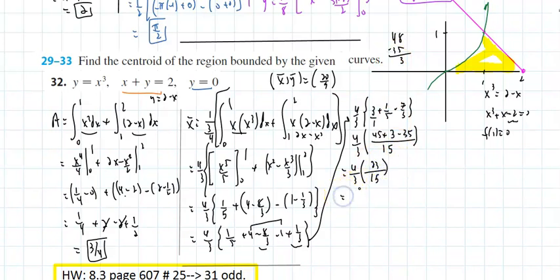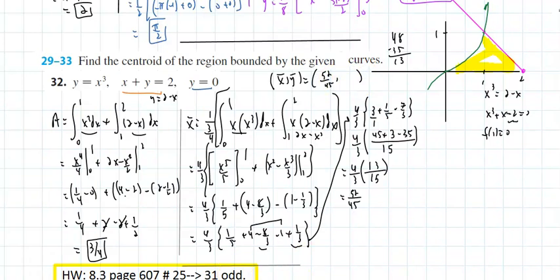So this is... okay, no need to rush. So that's 52 over 45. That's pretty good. That's 52 over 45. That's 1 point some.